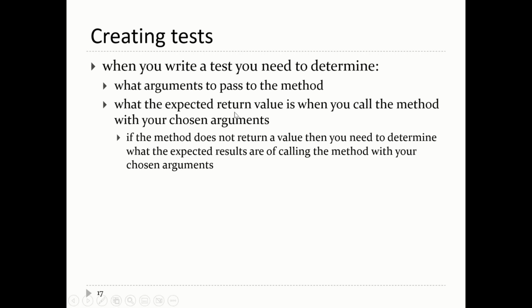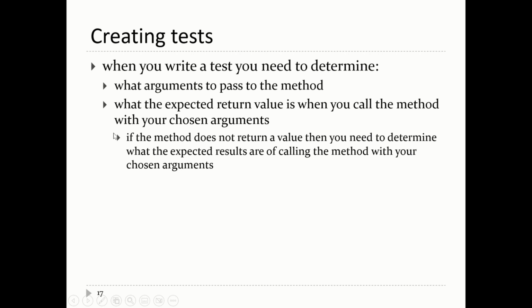If the method returns a value, then typically you're going to test whether the method returns the right value. If it doesn't return a value, or if it returns a value and also does something else, then you also need to determine what other expected results your method is supposed to perform. So we'll look at examples of those.